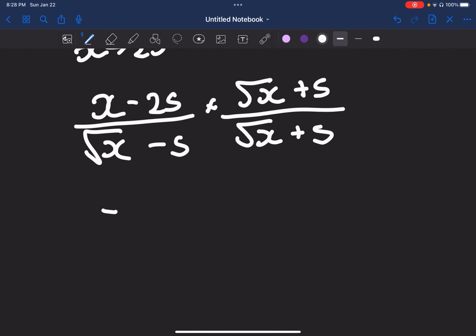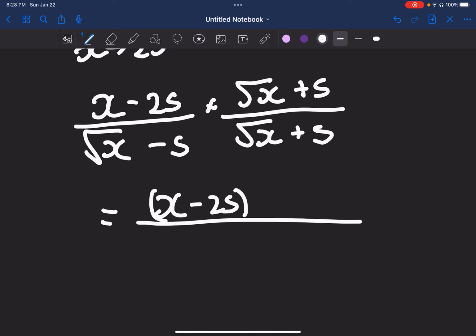So now, multiplying these things through, we'll have the numerator being x minus 25, and then we'll have root x plus 5. And under it now, we'd have root x minus 5, and multiplying it by root x plus 5.